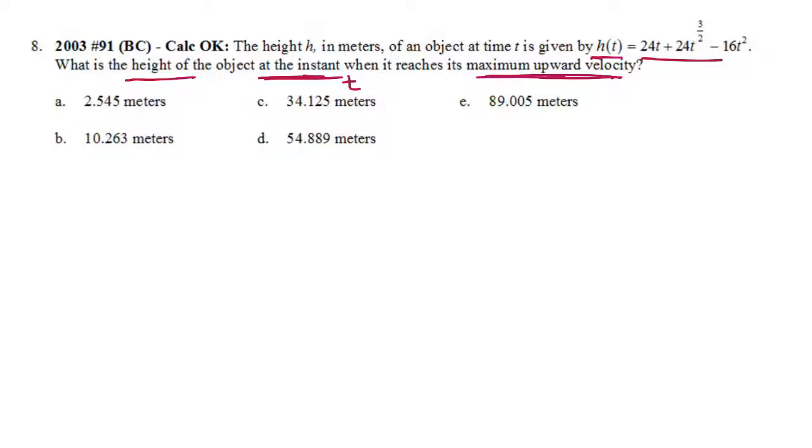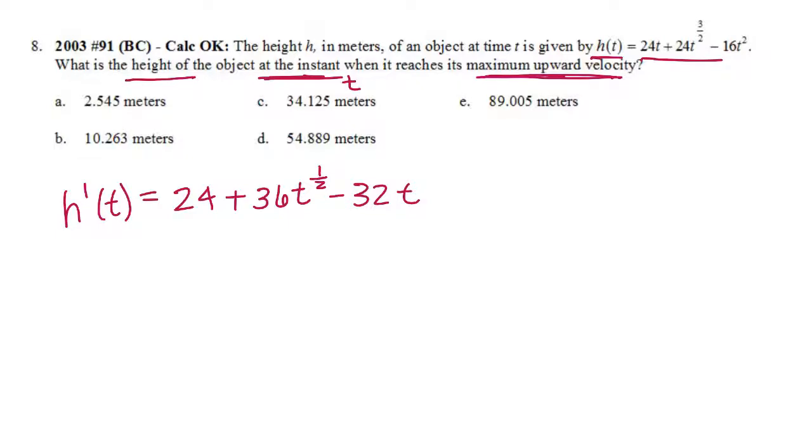So here we're going to need, again, our derivative, h prime at t. And that's going to be 24 plus 36t to the 1/2 minus 32t. And so what we would need to do with this is graph this, since it is a calculator problem.